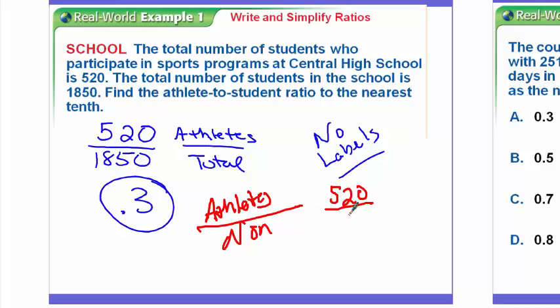Oops. Got to try to clear out my calculator. Okay, so I'm doing 1850 minus the 520 that are athletes. That leaves me with 1330 for non-athletes.